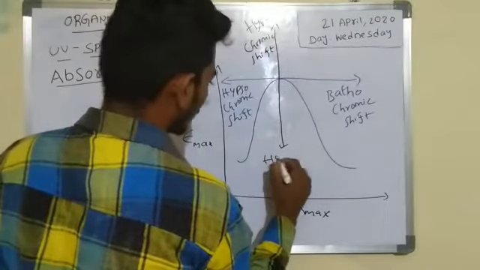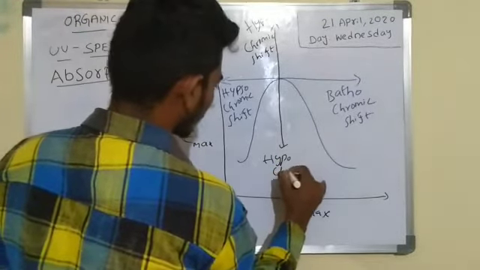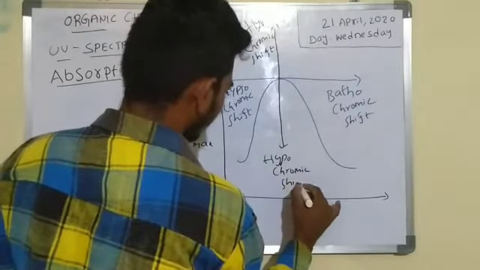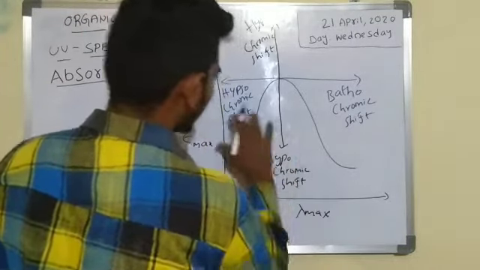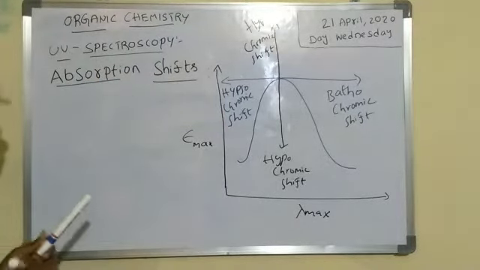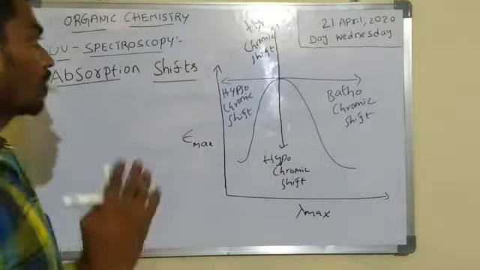It is the hypochromic shift. These are the four effects on absorption. Okay. Now one by one we are discussing.